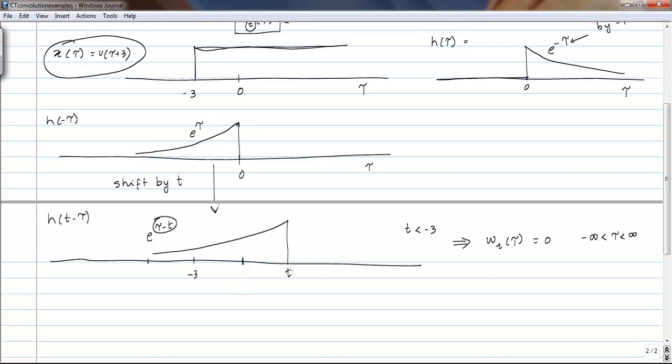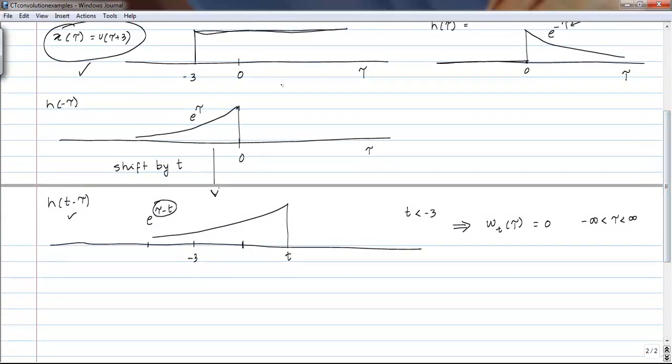So whenever t is greater than minus 3, when I take the product of x of tau and h of t minus tau, what I'm going to end up with is something which looks like this. It's going to be 0 for all values of tau less than minus 3 because x of tau is 0.